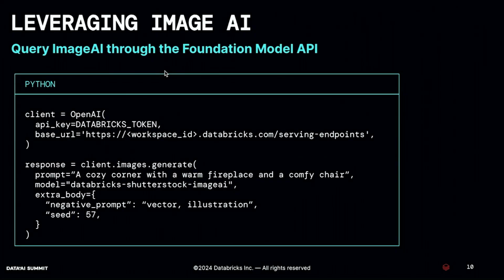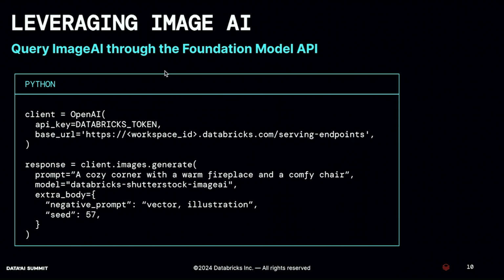Like I mentioned, here's a code snippet of how easy it can be to get started with the OpenAI SDK. I do want to clarify that we are using the OpenAI SDK here as just a simple example. We are not affiliated. This model is not affiliated with OpenAI. As you can see, there's just a couple of parameters that you need to pass in order to use the API. You can pass in the prompt.